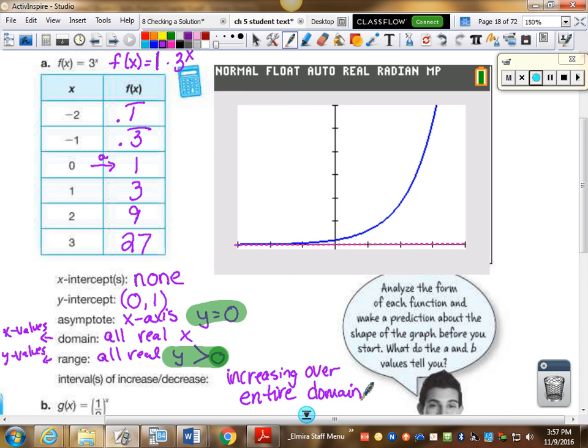Guys, that's a fancy way of saying that the graph is always increasing for every value of x. As x increases, the graph is increasing. Okay, so it's a wording that you're just going to have to memorize. It's increasing over the entire domain.